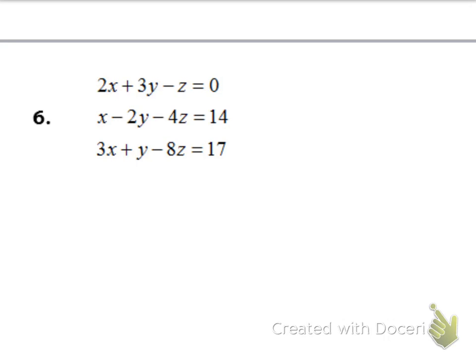Okay, my last one here, let's go ahead and do z's, because I get them to be all the same number pretty easily. So we could do heart and star first.